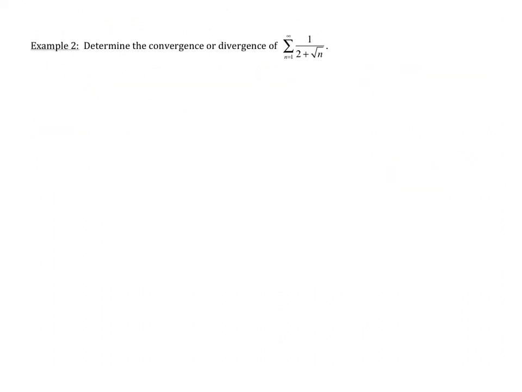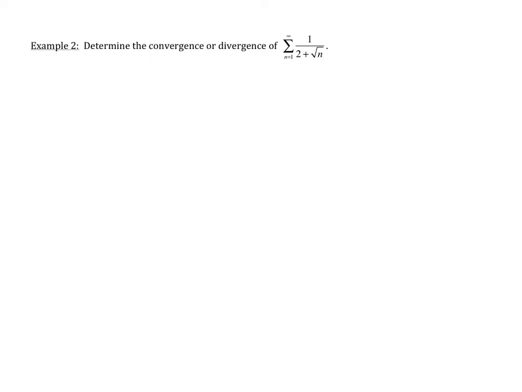Okay, example number 2. Determine the convergence or divergence of the series from 1 to infinity of 1 over 2 plus the square root of n. Okay, so this is another one that is almost one that we can determine, but not quite, thanks to that extra 2 that's in the denominator.